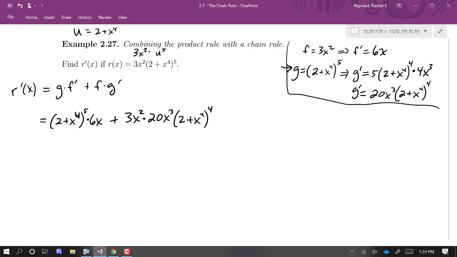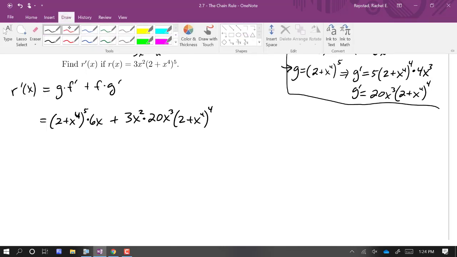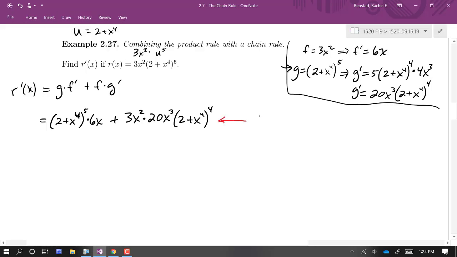Okay, now here's what we're going to do. We're going to factor out the greatest common factor. And I want to think of this as I've got two things I'm adding together. I've got this chunk here and this chunk here.